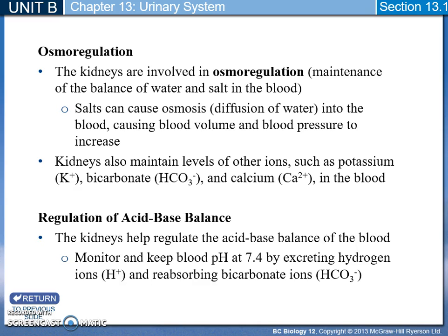They also provide a very important role in the regulation of acid-base balance. So they help to monitor and keep the blood pH at about 7.4 by excreting hydrogen ions and reabsorbing bicarbonate ions.